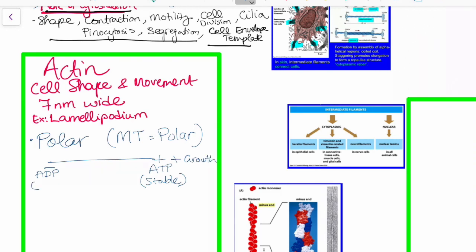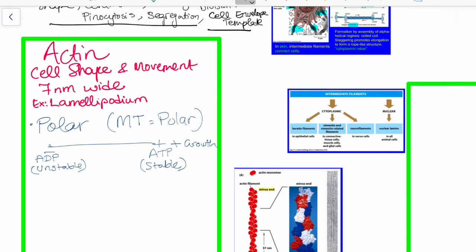And on the other side, it is unstable, or it is losing its components. Whereas microtubules are GTP bound. So actin, ATP; microtubules, GTP.